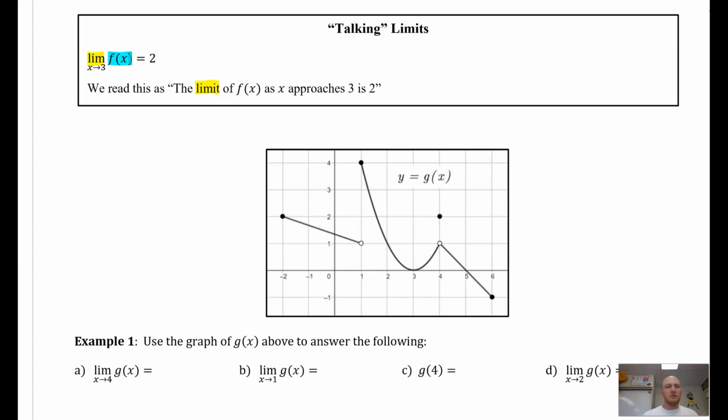The limit of what? The limit of f of x. Then we describe the x values as x approaches 3. So, as x approaches 3, we say it is 2, or it's equal to 2. That's how you would read a limit.